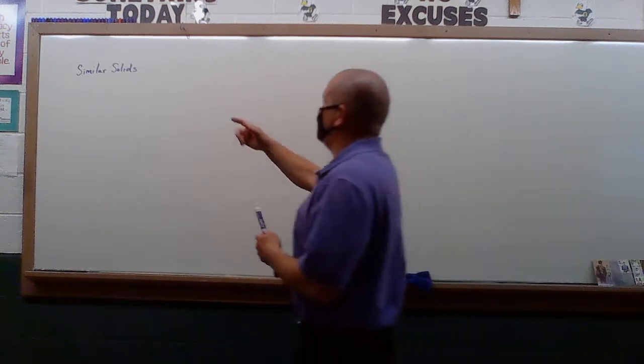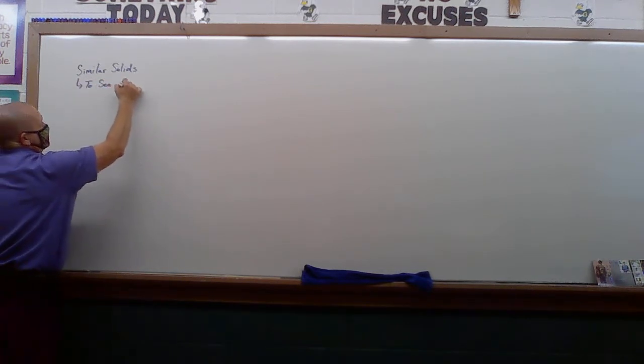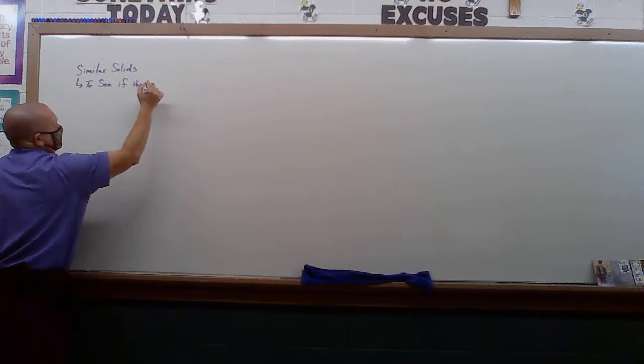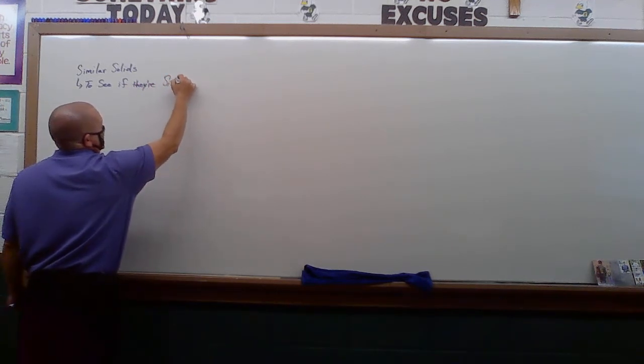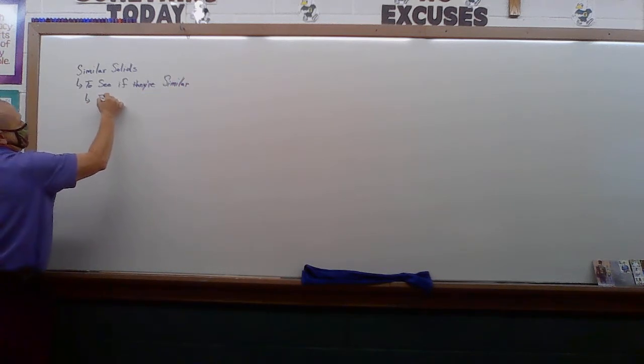So we're going to try to compare everything that we possibly can. So when you're talking about similar solids, to see if they are similar, we're going to do what Bo said, basically. We're going to find the scale factor.